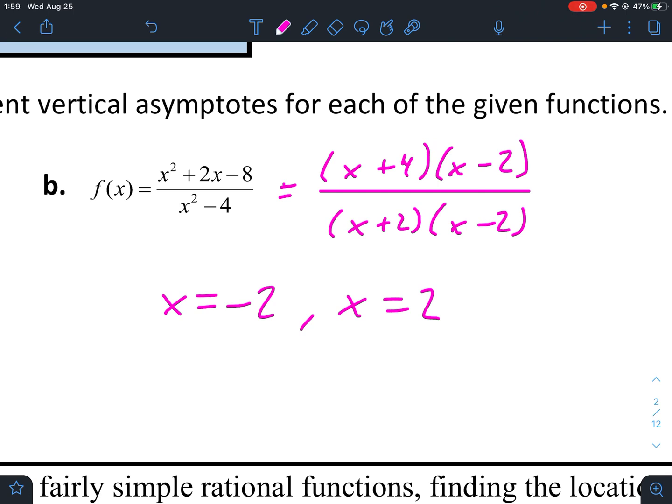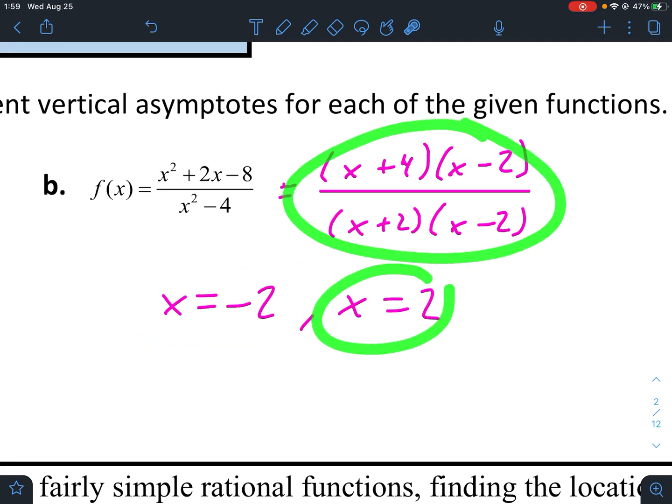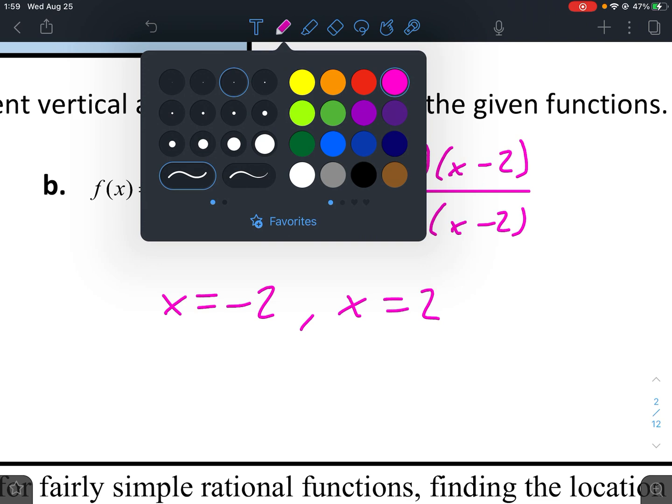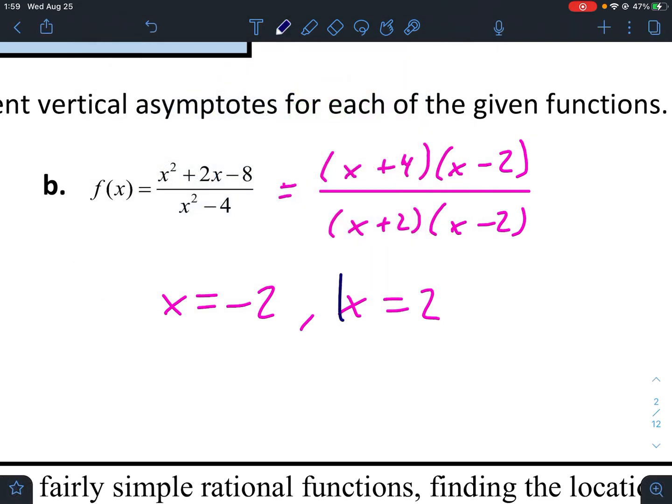If you put negative 2 into this function, you will get something in the numerator that's not 0 over 0, which means that is a vertical asymptote. So that's good. If you put 2 into this function, you would get 0 over 0, which means there's a hole in the graph at that point, not a vertical asymptote. So that one is not a vertical asymptote. We only have one for this problem.